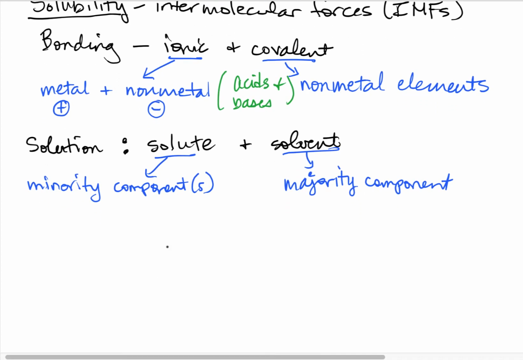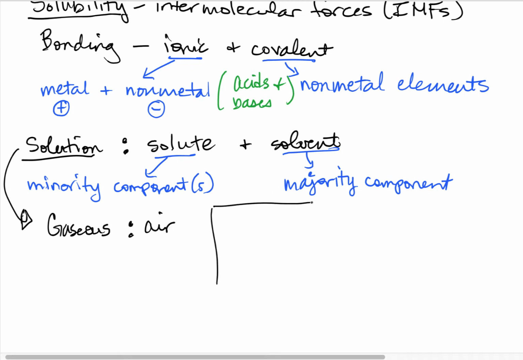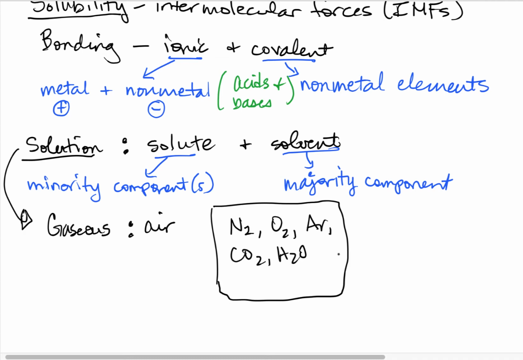So in our solution, one of the things that we need to pay attention to when we talk about solutions is that all phases are possible here. Mostly we are trained to think about aqueous solutions, but in reality we can have gaseous solutions. Air is a great example of a gaseous solution. If we think about what air is like, we know it's got nitrogen gas, oxygen gas, argon, carbon dioxide, water molecules, all kinds of different gaseous components.